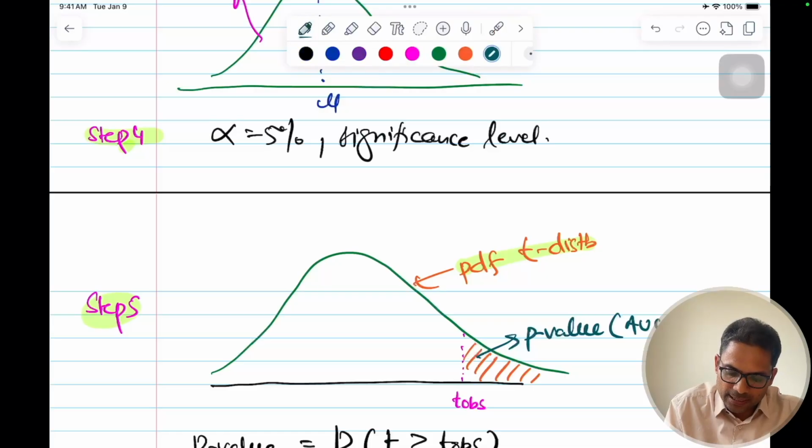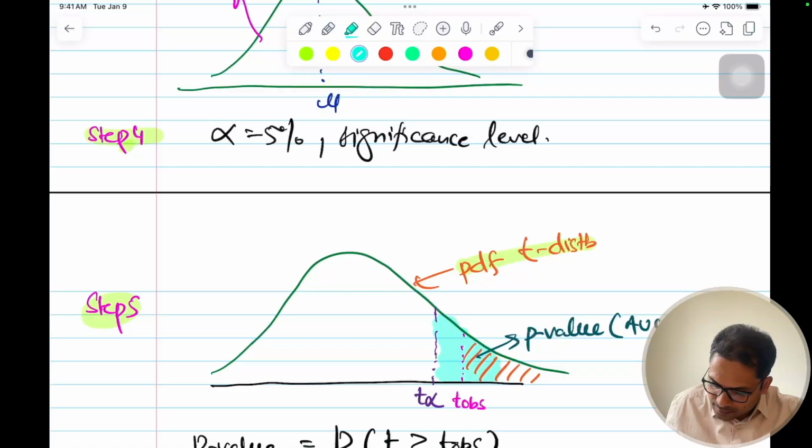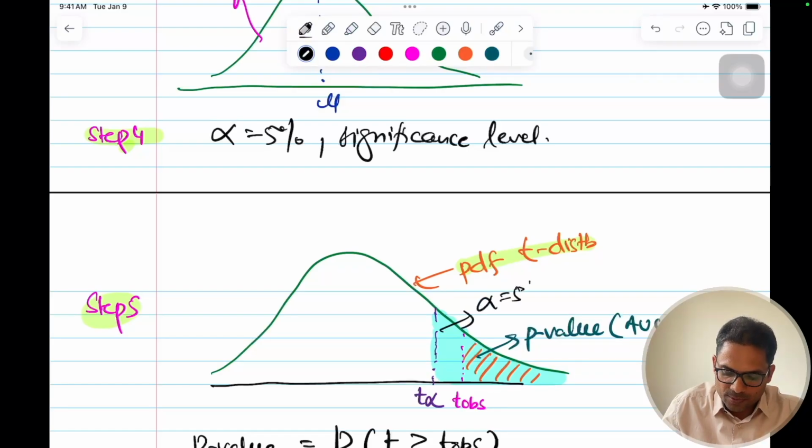Say, for example, this is that point, that is alpha, and this is t alpha, and this area is equal to 5%.